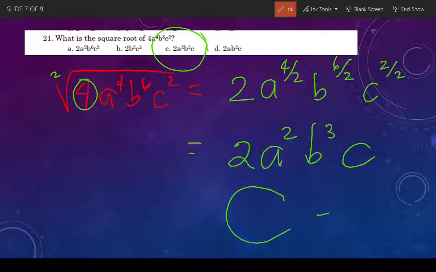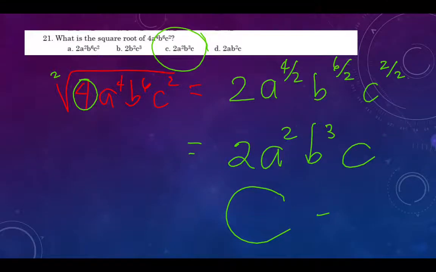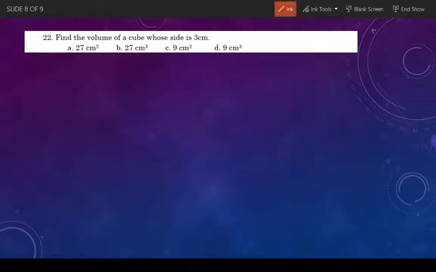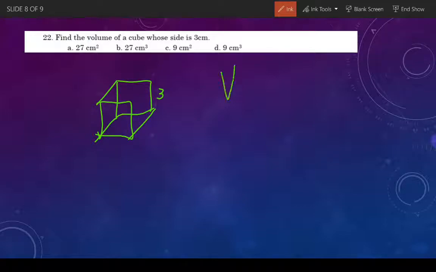Okay. Next. Number 22. Find the volume of a cube whose side is 3 cm. So mayroon daw tayong cube. Tapos ang volume niya ay ang side niya is 3. Remember that the volume of a cube is equal to s cube. Kukunin lang natin yung side and then we are going to cube it. So we have volume is equal to 3 cube.